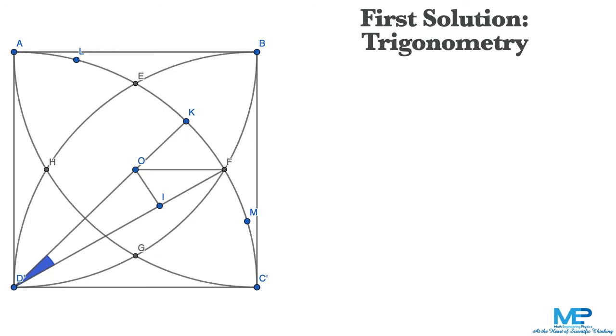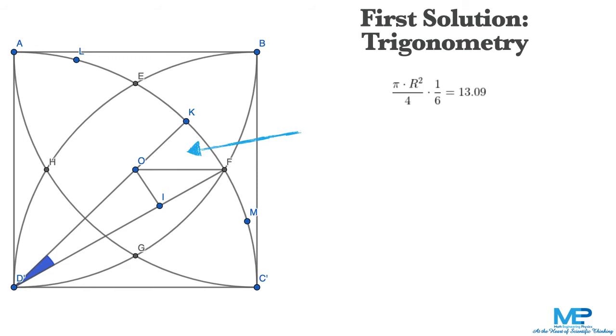Mathematically, the sector enclosed by KDF is expressed by this relation. We are interested in this sector because it contains the area of the triangle KOF, which represents 1/8 of the target area. To calculate this target area, it is therefore necessary to first calculate the area of triangle ODF.